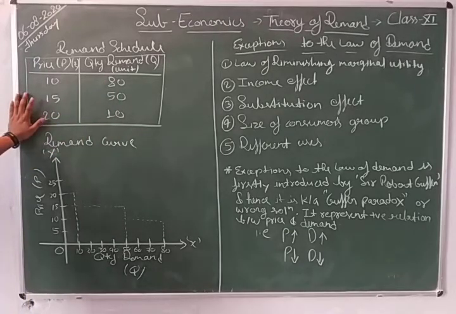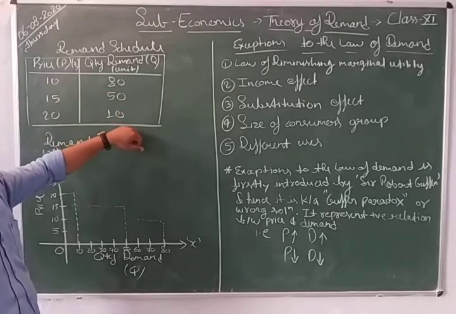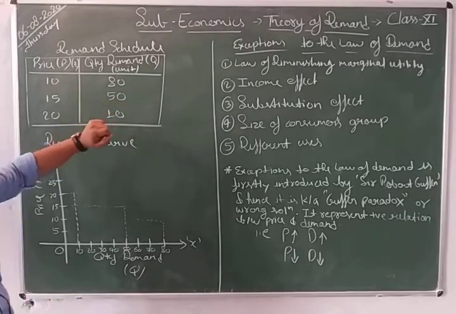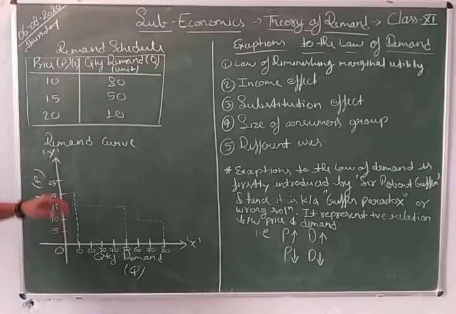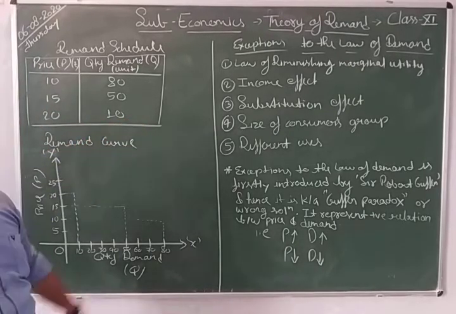After that, if the price rises from 10 to 15, a change of 5 rupees, quantity demanded decreases from 80 to 50, and when the price changes from 15 to 20, its quantity demanded decreases to 10 units.